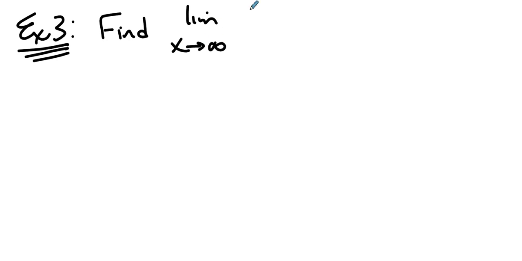Limit as x approaches infinity of x to the 1 over x. Again, as x gets larger without bound, the base gets larger without bound, the exponent gets closer and closer to 0, and so you're thinking, well, it's infinity, so that gets big, and it's going to the 0 power, so that should go to 1, but it's not really 0, it's just close to 0.